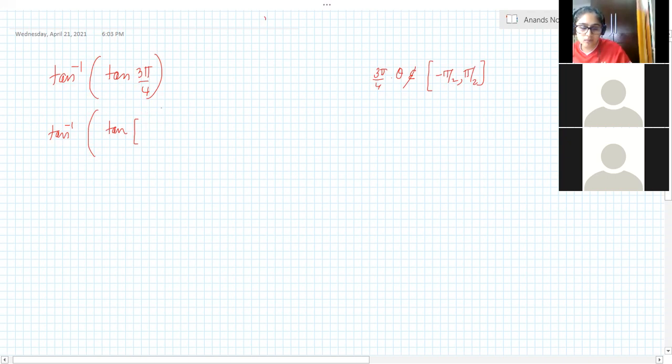Can we say 180 minus theta? 180 minus theta will not work here. So tan of 3 pi by 2 minus theta. So if I put 3 pi by 4, what if I do 2 pi minus 3 pi by 4? 5 pi by 4. No, here also it's not matching.